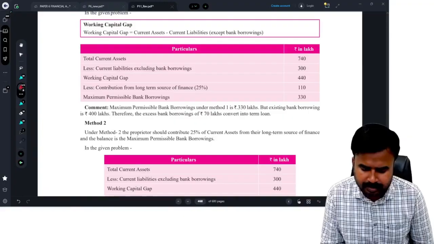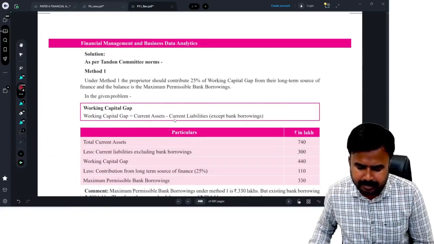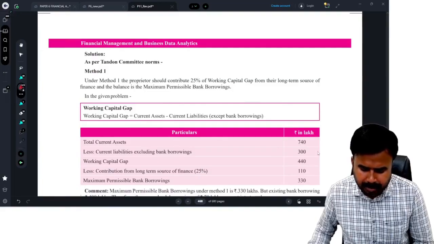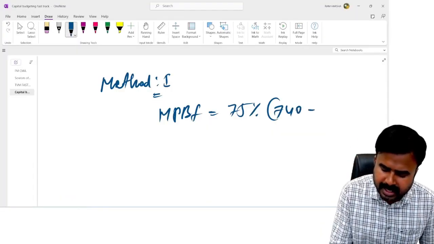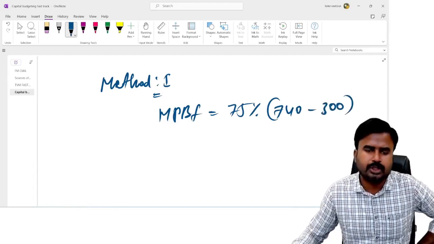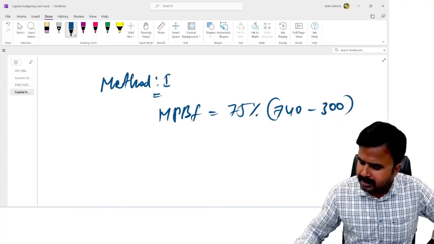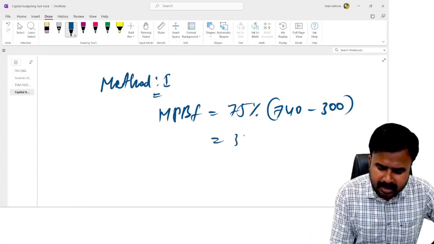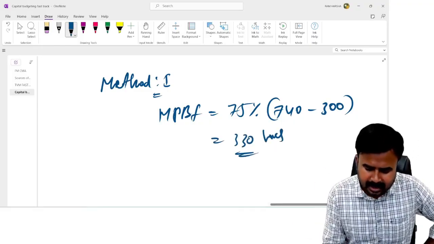Just take the total, 740, minus current liabilities 300. I'm not taking short-term bank loans. Why? Because those items should be excluded. 740 minus 300 into 75%, and the number is 330 lakhs. So as per method 1, the maximum permissible bank finance is 330 lakhs.